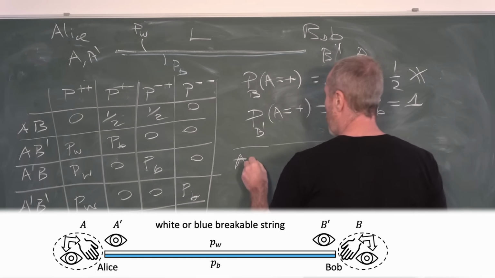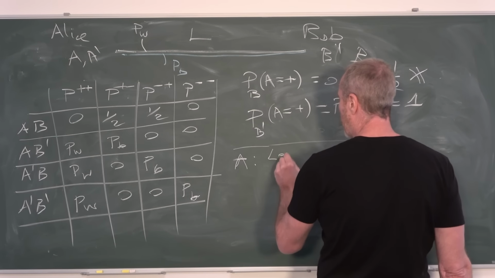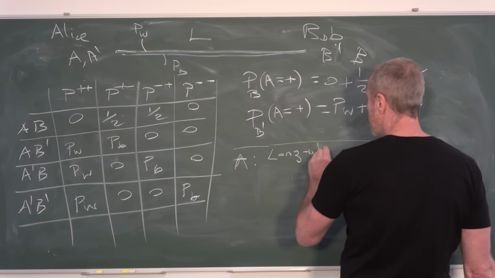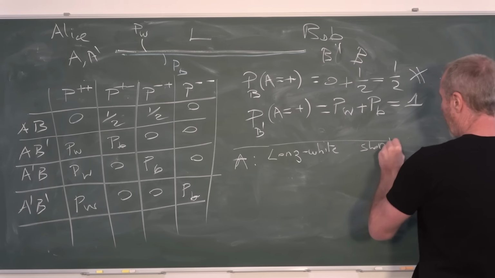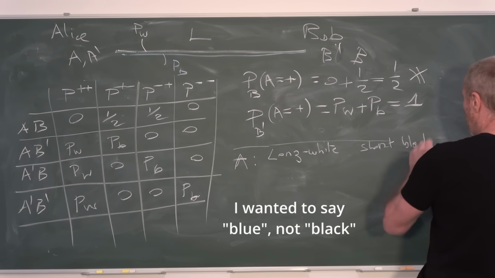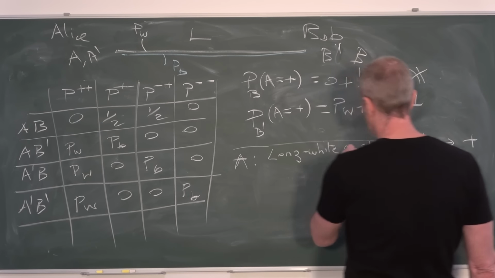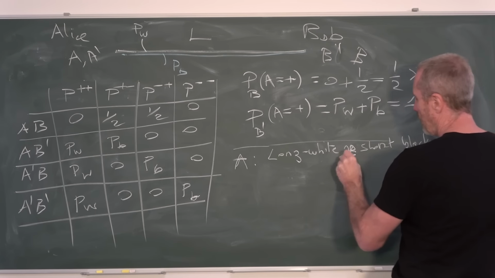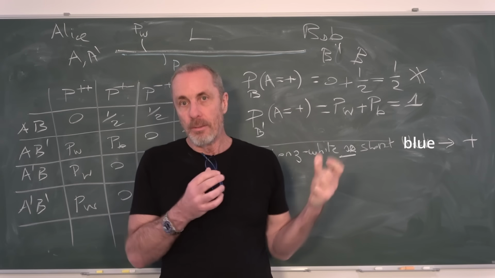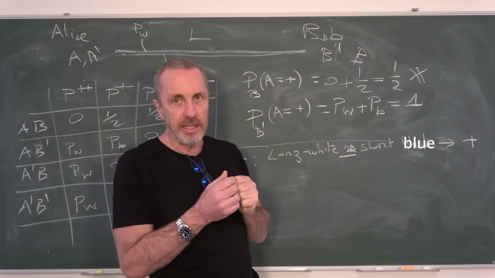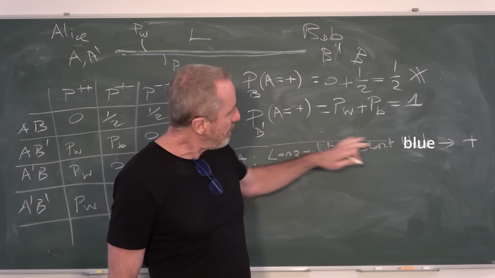And she will consider the correlation between length and color. So she will consider that if it's long and white, or short and black, this corresponds to outcome plus. So long white, short black. She will jointly consider these two properties and the correlation.